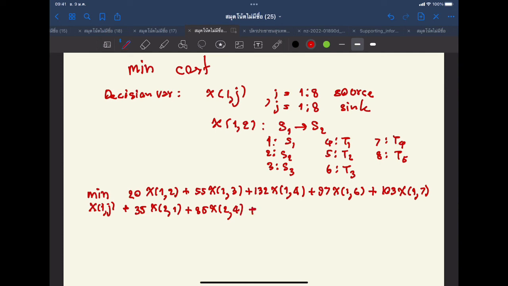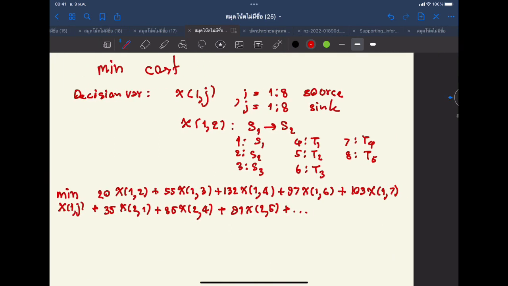Okay. And the next one is 91 from x2 to T2. T2 is 5. Okay, and you have to sum up all the costs. You can see from the table that any route that is possible has its own cost per shipment. So we include all those things.